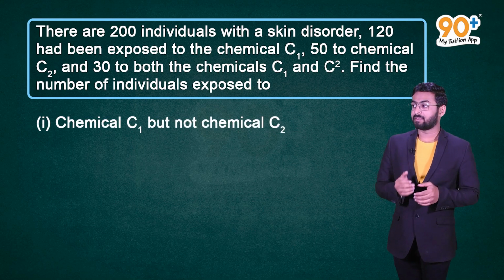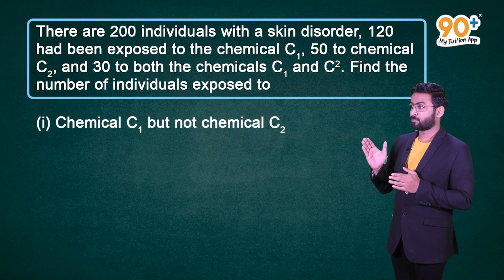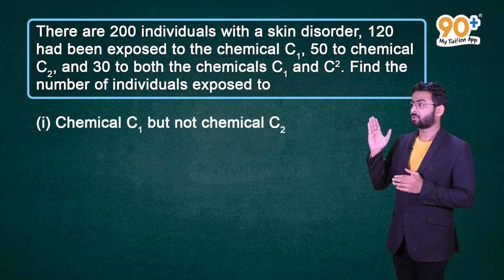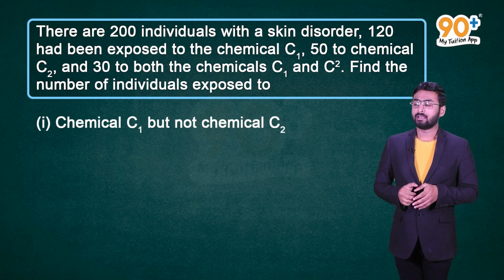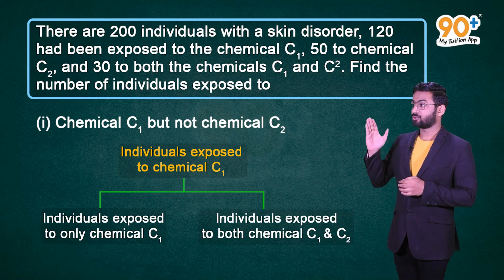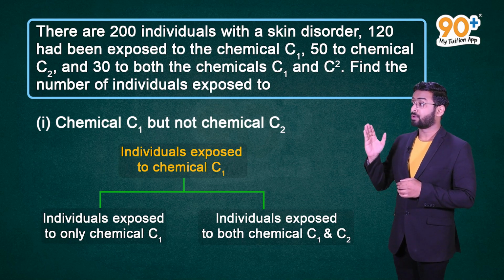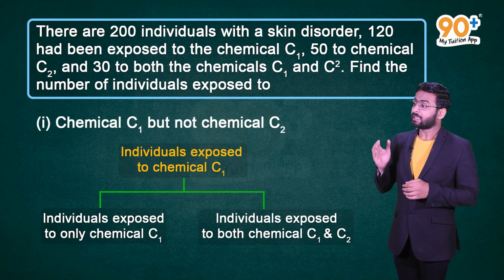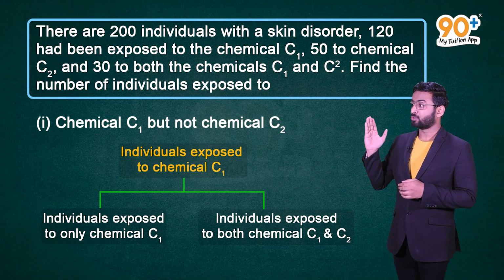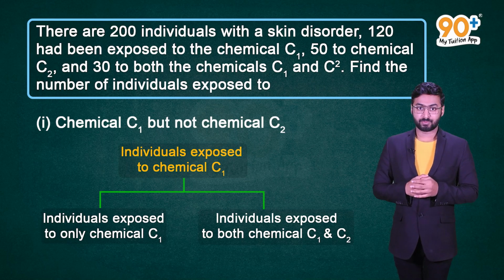First, let's find the number of individuals exposed to chemical C1 but not chemical C2. Individuals exposed to chemical C1 will contain individuals exposed to only chemical C1 and individuals exposed to both chemical C1 and C2.